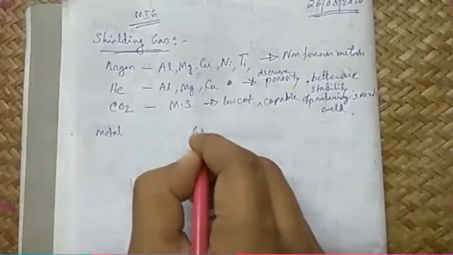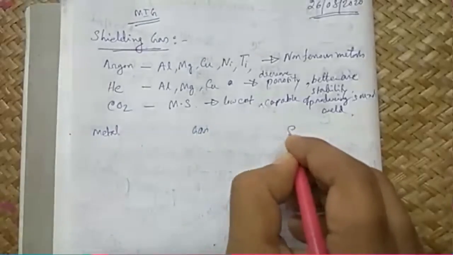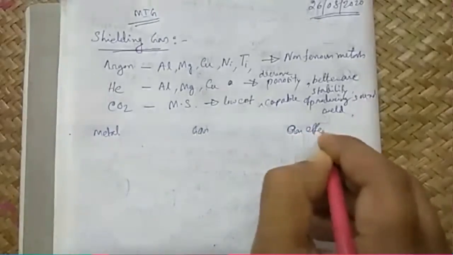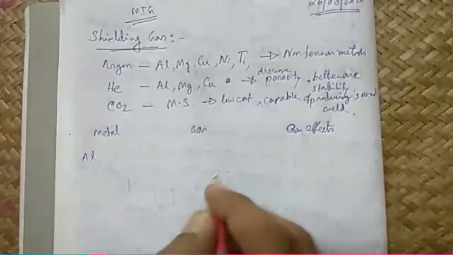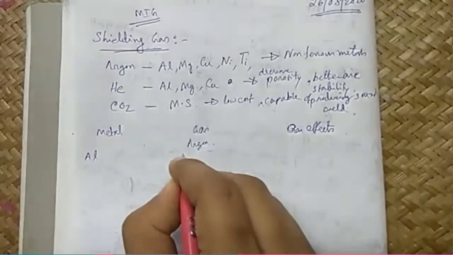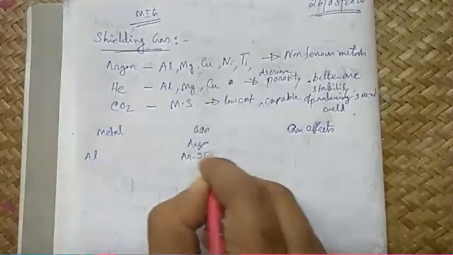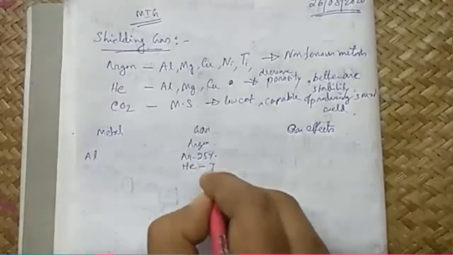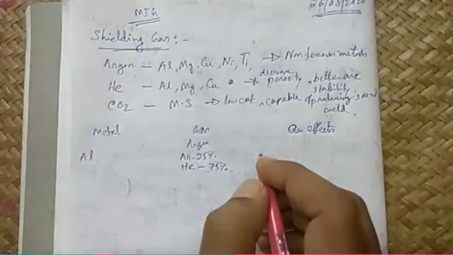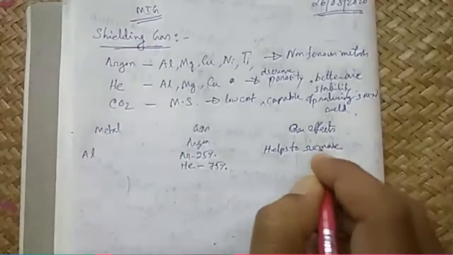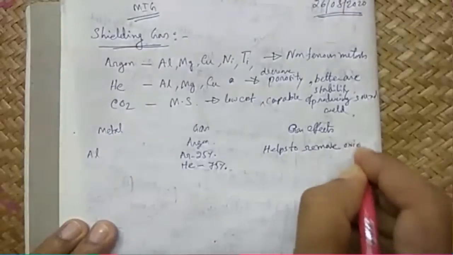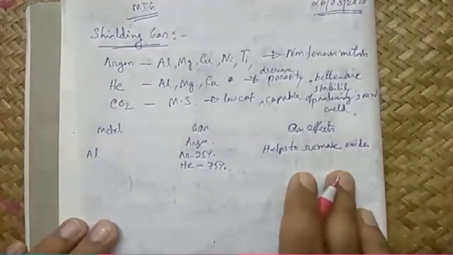Okay, now if we draw a chart: metal, gas used, and gas effects. If we weld aluminium, we use argon or a mixture of argon 25% and helium 75%, and its effect is that it helps to remove oxides that are produced on the surface.